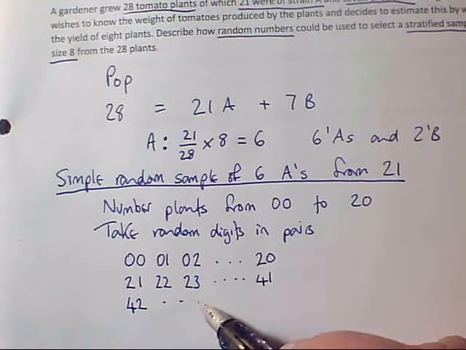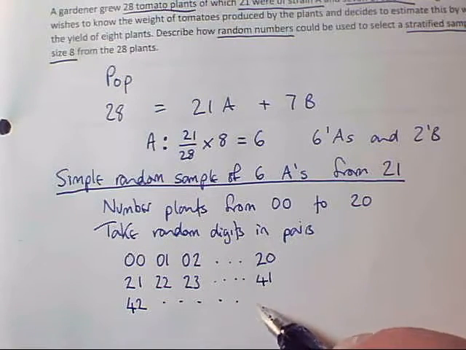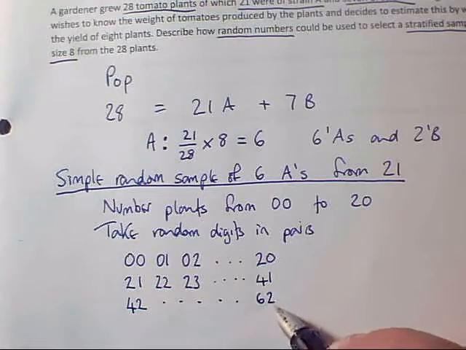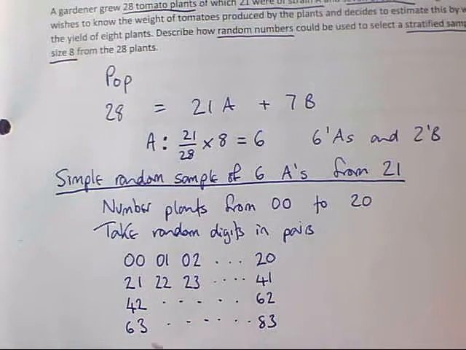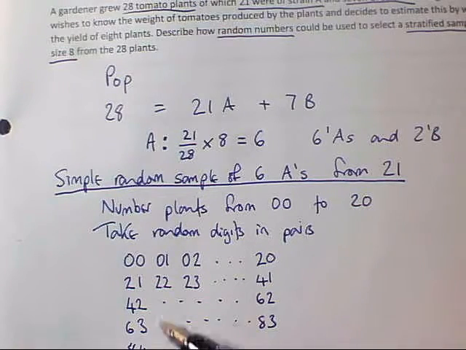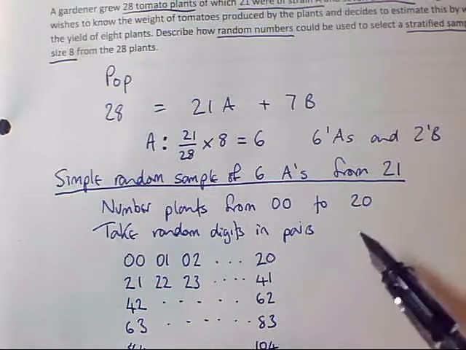And that'll use up all the plants until 62, and then 63 onwards up to 83, and then 84. Now at 84, I can't use these numbers from 84 onwards, because to use every single plant, this would take me up to 104, and 104 is not a pair of digits.